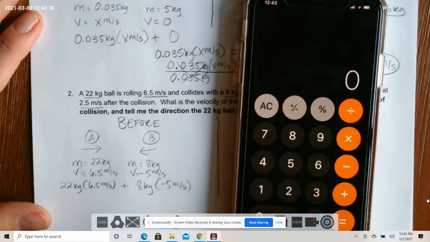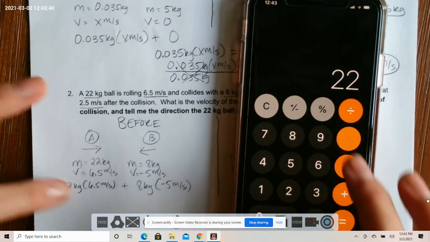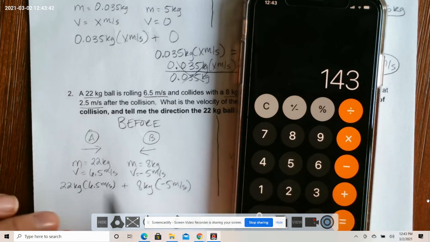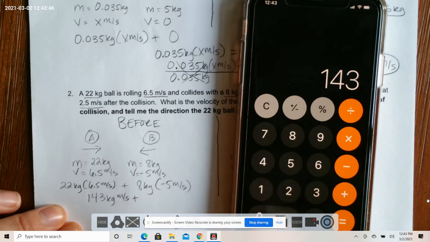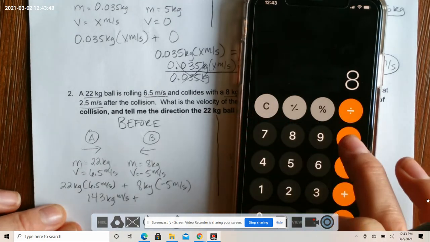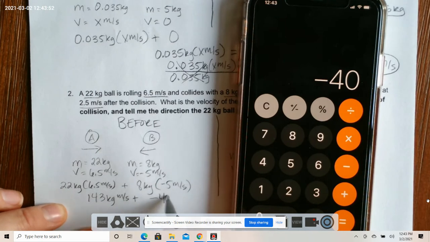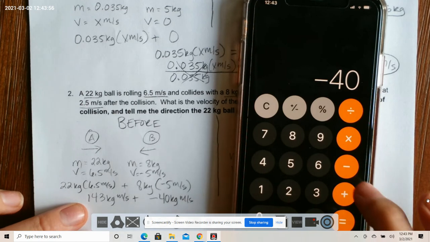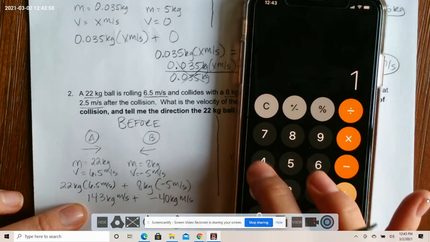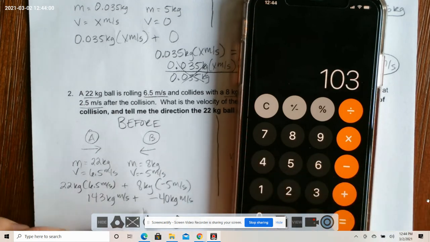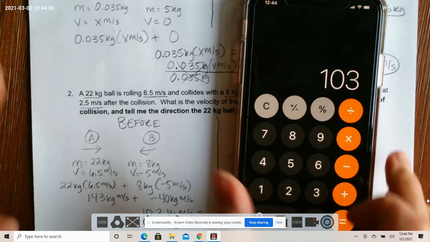So we have 22 times 6.5, and that's going to give us 143 kilograms meters per second, plus, now I do the other one, 8 times negative 5 equals negative 40 kilograms meters per second. Now I can add these together because they are like terms, so negative 40 plus 143 equals 103 kilograms meters per second. So that's before the collision.